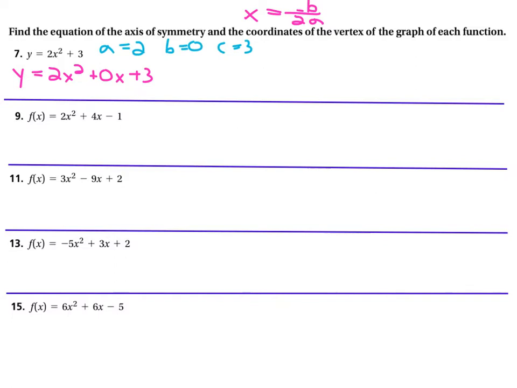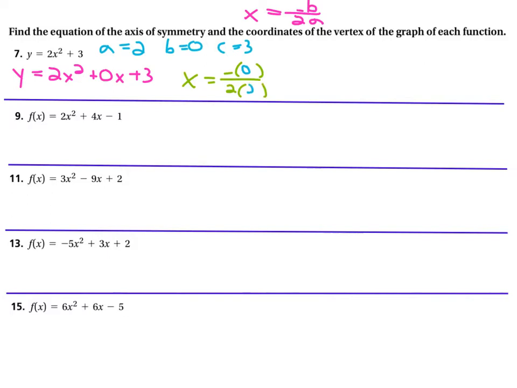So when we calculate negative b over 2a, we'll say x equals negative, what is b? B is 0, we just figured that out, over 2 times a.